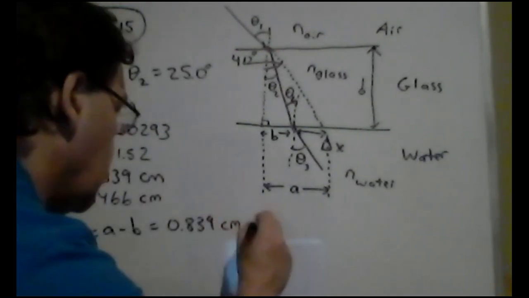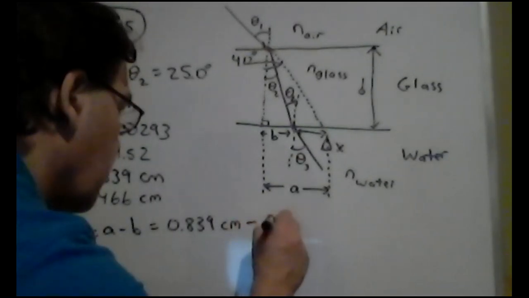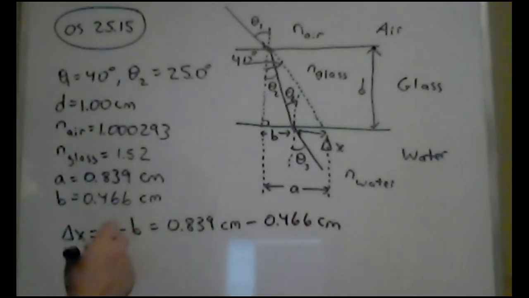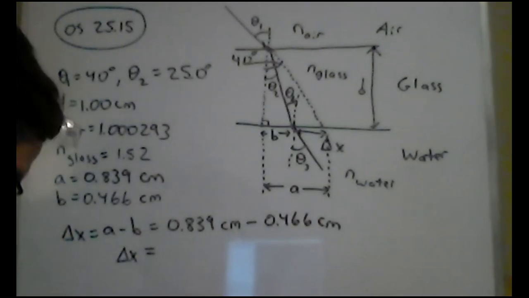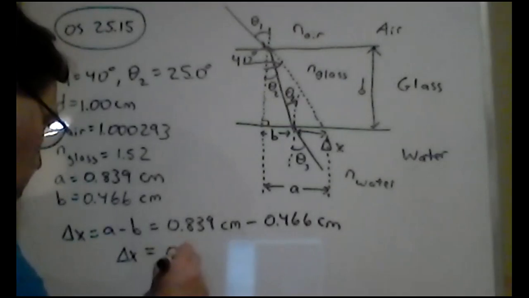So again, 0.839 centimeters minus 0.466 centimeters. Just a little relaxation, even on unit conversions. You don't have to go to meters if you don't want to. So delta X becomes 0.373 centimeters.